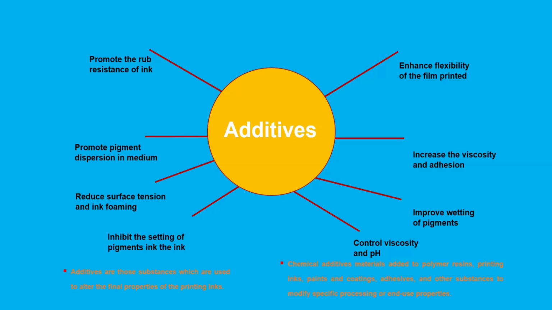Sometimes we need an additive to inhibit the settling of pigments and improve wetting of pigments. Sometimes we use additives to control the viscosity and pH of inks, increase the viscosity and adhesion of inks, and enhance the flexibility of the printing. So these types of additives help us to control the properties of the inks.